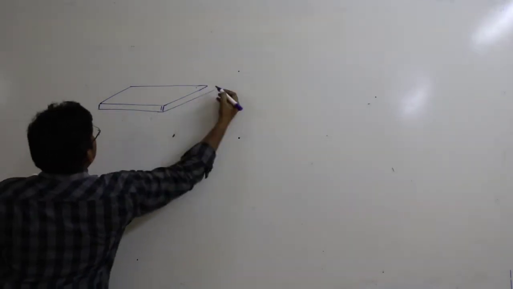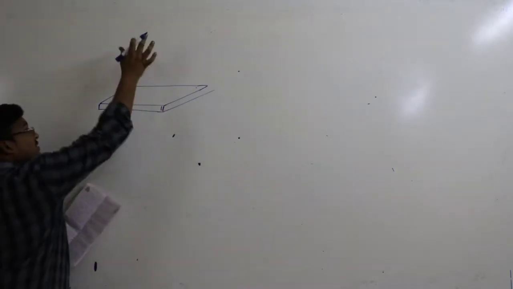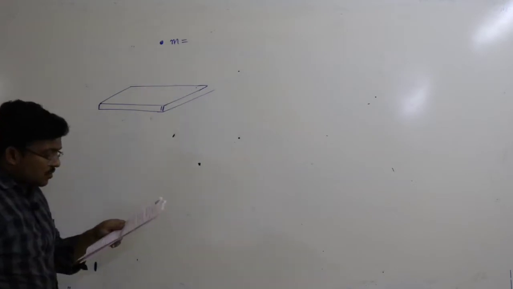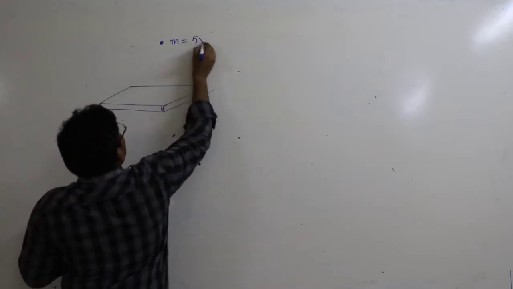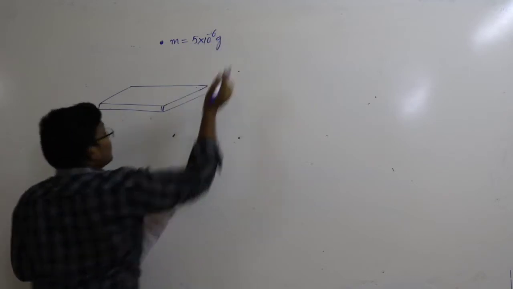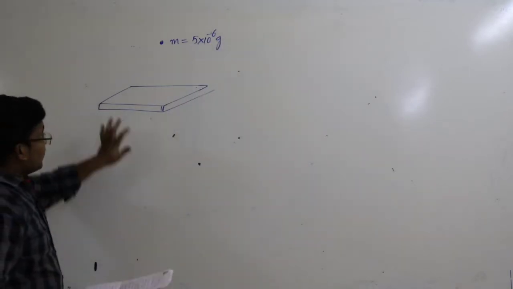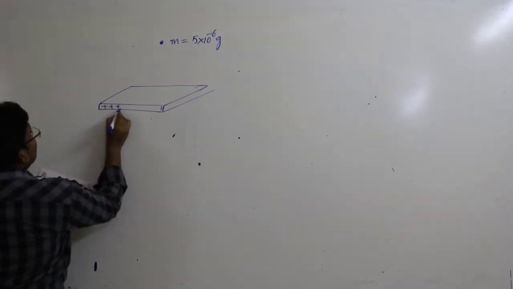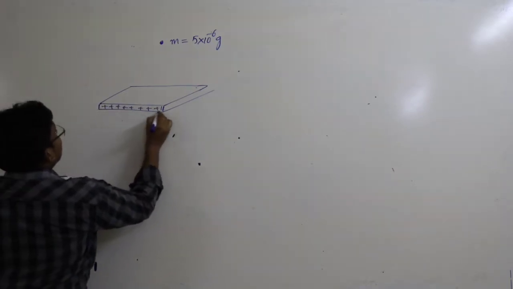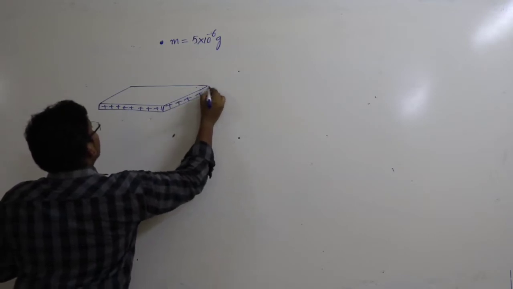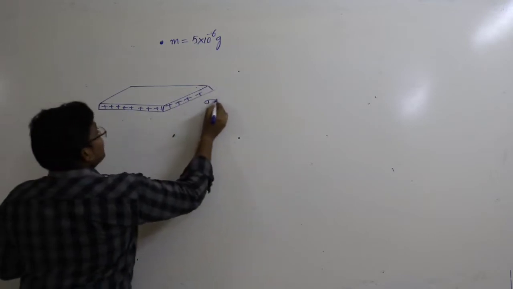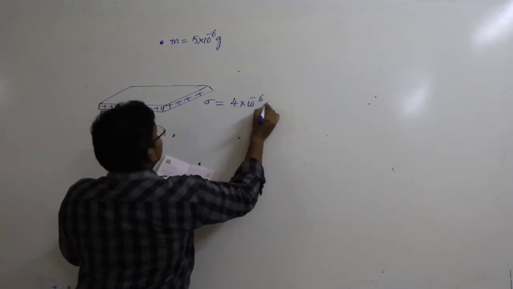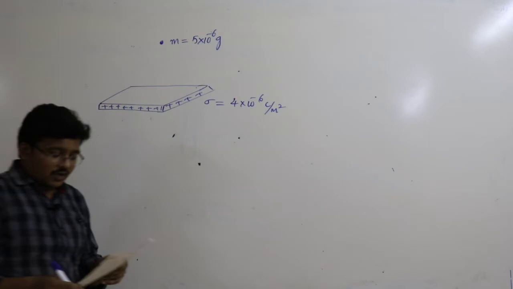Above this a particle is kept whose mass is given as 5 into 10 power minus 6 grams, and the charge density they have given, this is a non-conducting sheet, so charge density sigma is 4 into 10 power minus 6 coulomb per meter square.